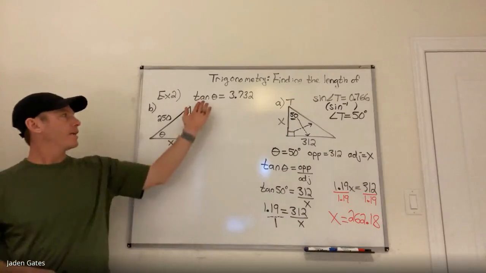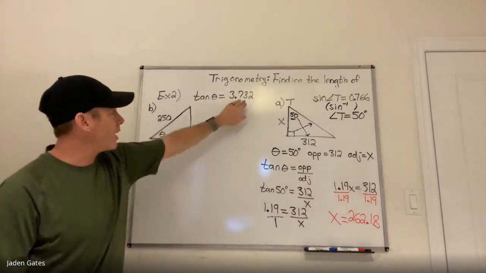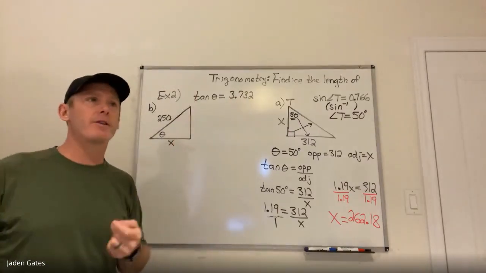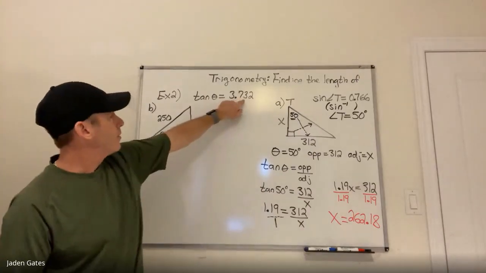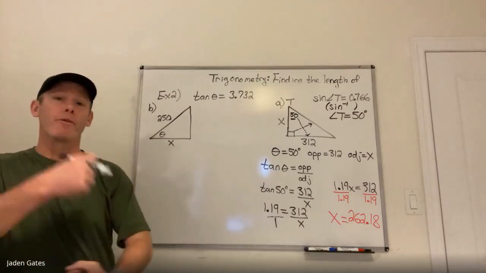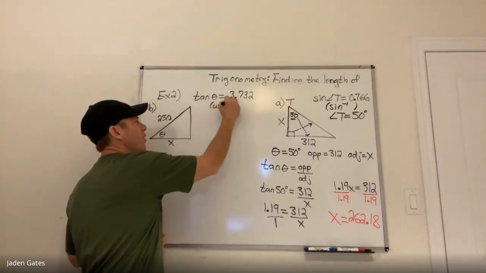All right. So again, I have some information here that's going to help me find the angle because I know the tan ratio. I know what tan, TOA, the opposite divided by the adjacent, is going to equal that, but I don't know the angle. So because I'm now working in reverse, I'm going to use tan inverse on my calculator this time.